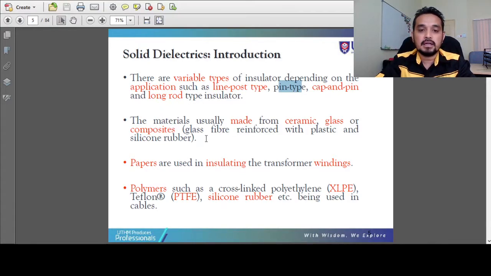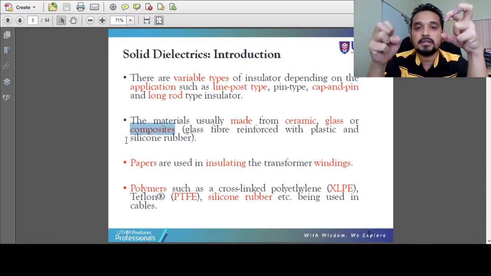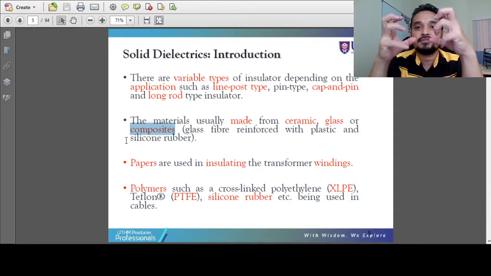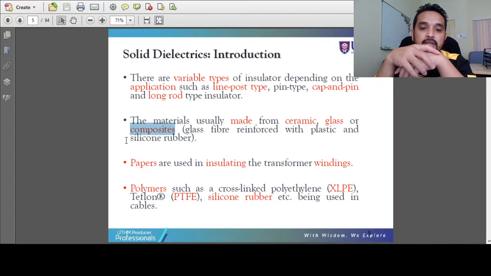Normally, solid dielectrics are made from ceramic, glass, and the most recent one is the composite. What is composite? We call it composite because it is a mixture of silicon rubber with several other fillers, which means it is composed from several types of material, for example, to obtain certain characteristics as explained before.